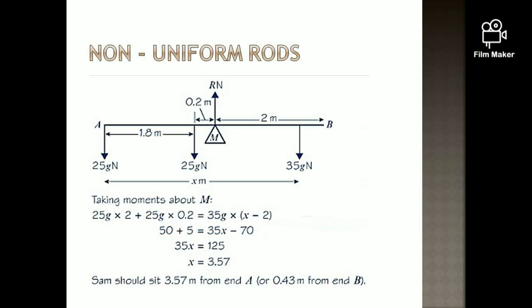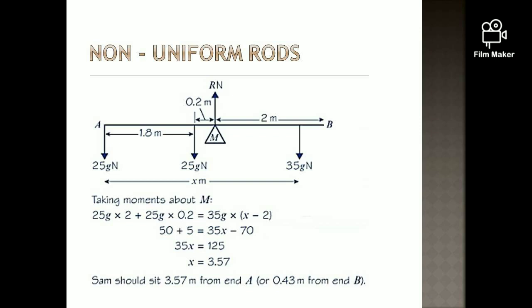The second 25G is the weight of the rod, 25G into the length from M, which is 0.2, equals the clockwise moment. The only clockwise moment you can see from M is the moment due to the mass of 35g. So you can work out 35g into the length from M to that. How do you find it?